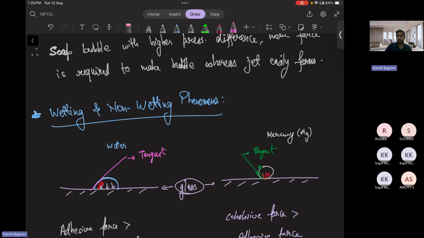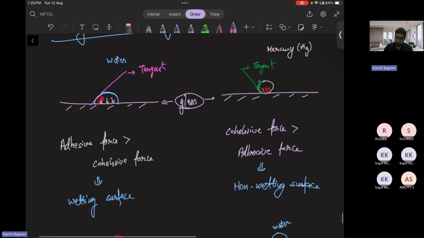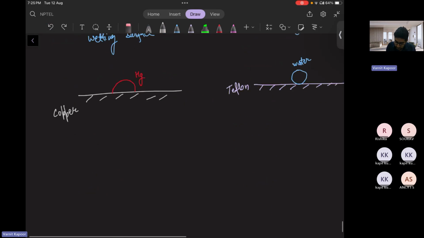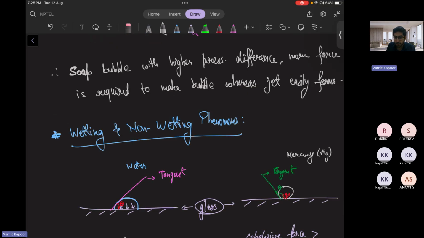And this is the tangent. Okay. So both are tangents. If you observe here, in this scenario, the angle theta is less than 90 degrees, so theta is less than pi by 2. Whereas here, the angle theta is greater than pi by 2.